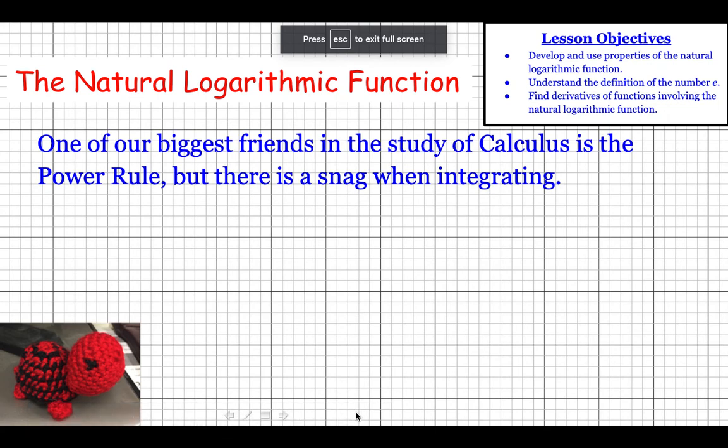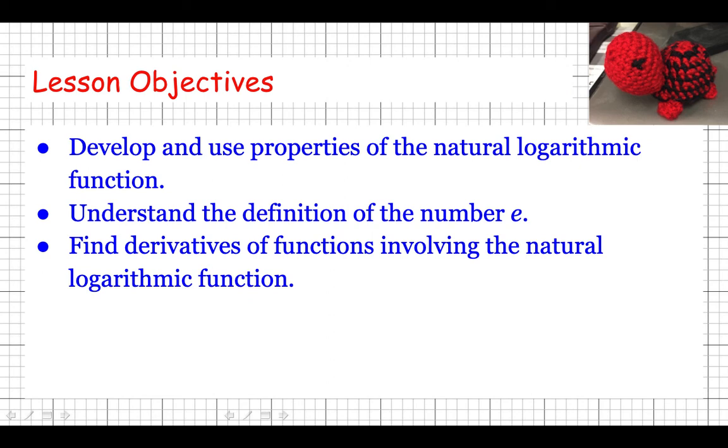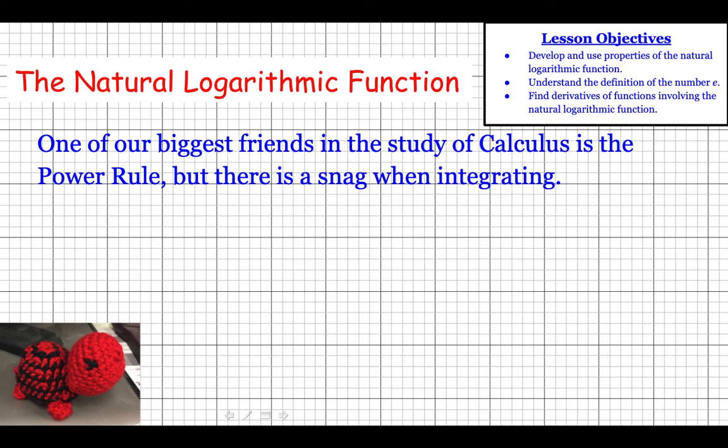To start getting a little background, why are we doing what we're doing? One of the favorite rules of any calculus student is the power rule. That's one of the first rules we learn when we start doing derivatives, and it makes our life oh so much better when we have to deal with calculus. But when we got to integration, we have one slight problem.